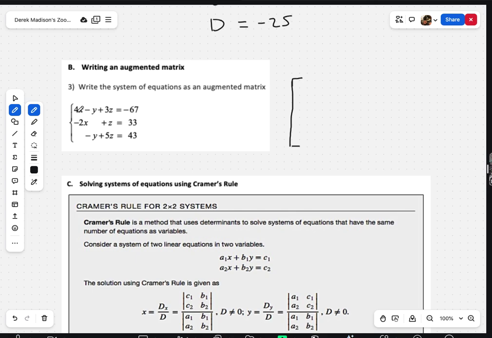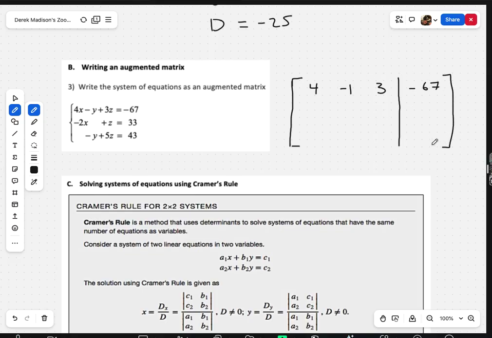So for this first equation, we'd have 4. That coefficient is a minus 1. It's a minus like that. 3. And then for that equals, and this is the augmented part of the matrix, it's augmented with the equal sign. We use a line to denote the equals, and then negative 67.